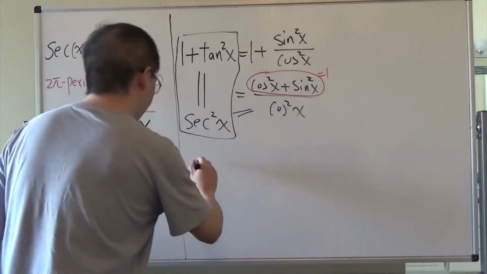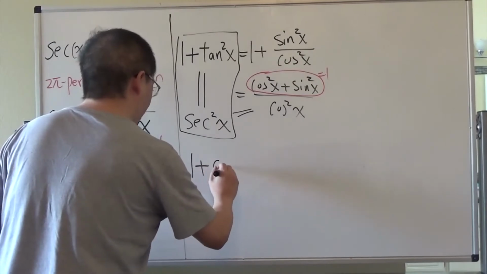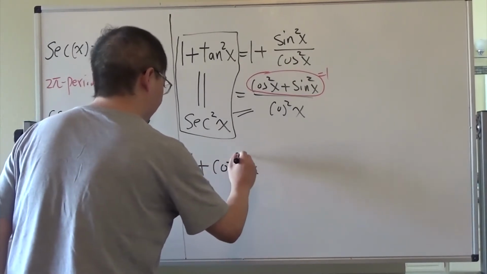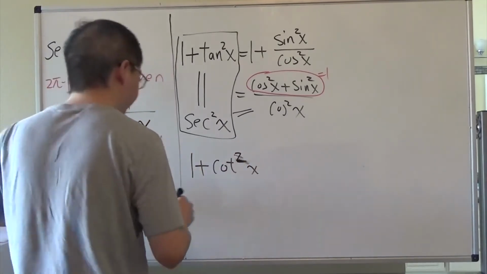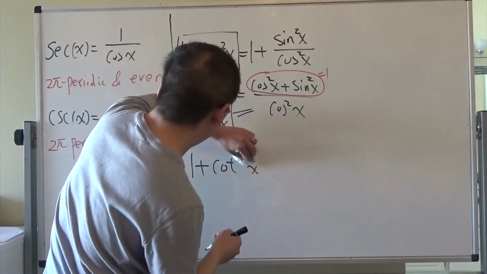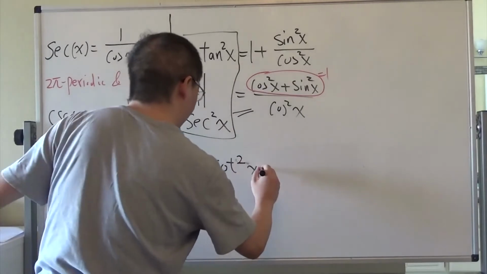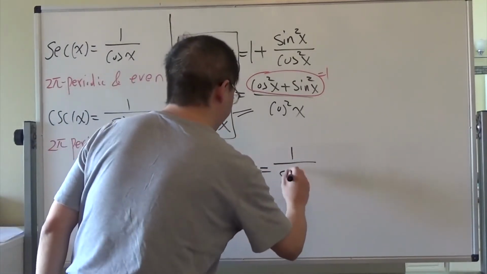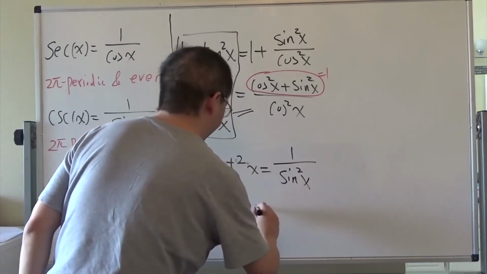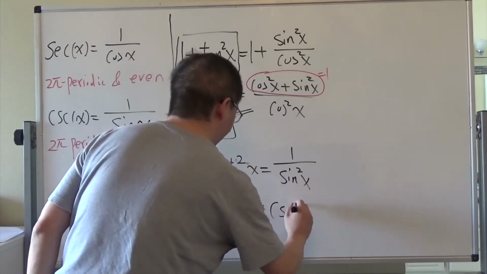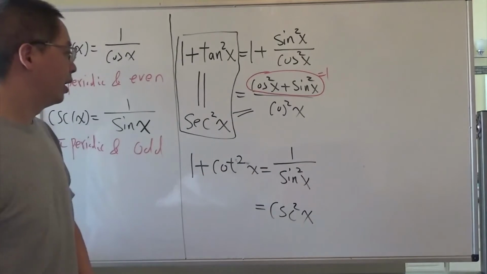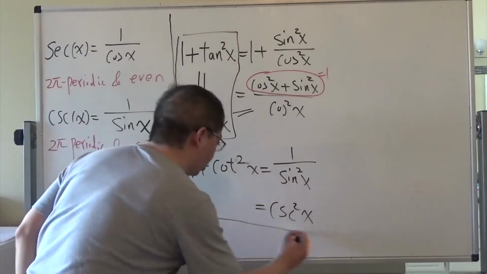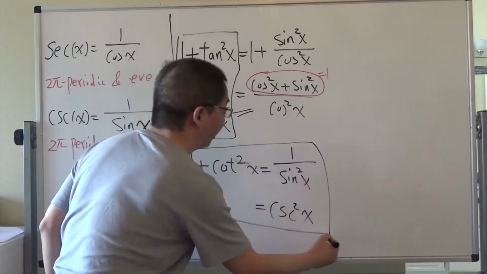Similarly, we can also derive 1 plus cotangent x squared equals 1 over sine x squared, that is cosecant x squared. So these are two trigonometric identities associated with secant and cosecant.